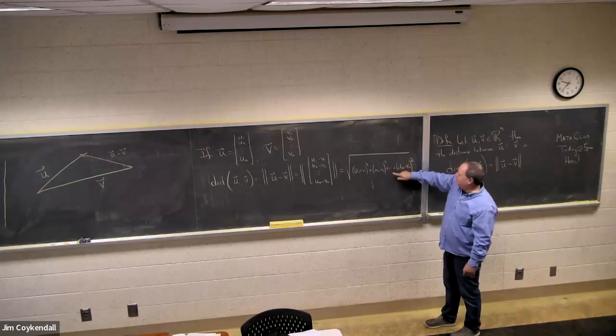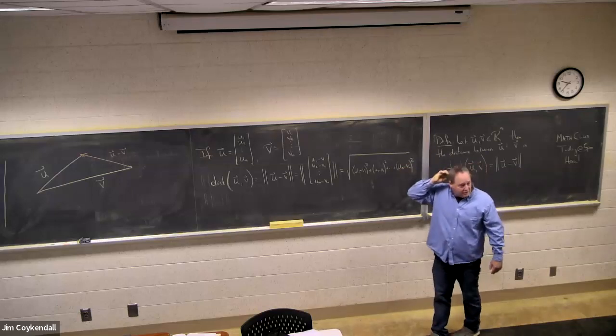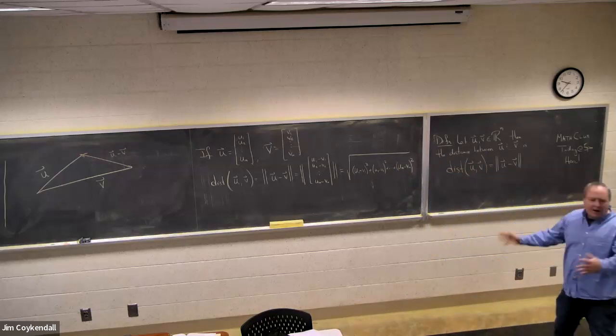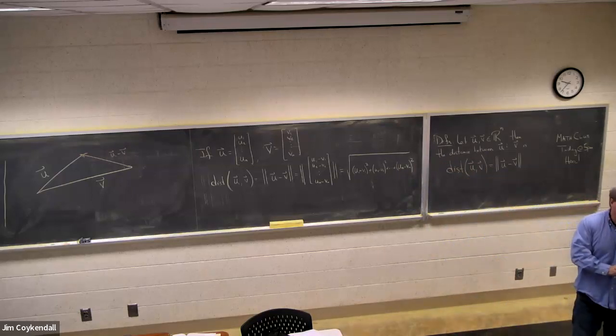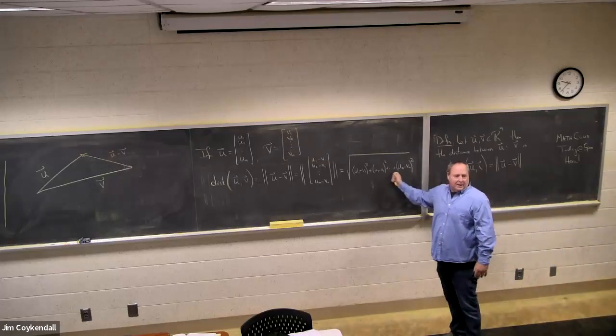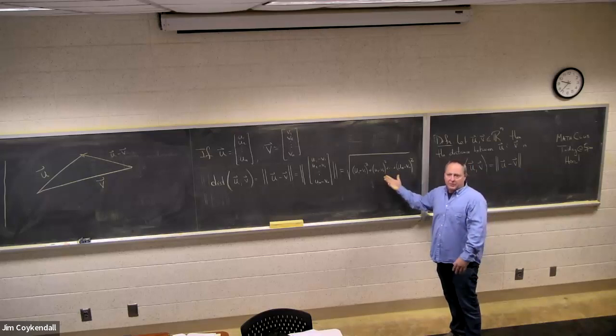Those of you that had Calc 3, if I put a third one there, that would be the distance formula between 2 points in space, right? Everybody okay with that? So this is just the distance formula, but now we can do it in any dimension we want. This is basically Pythagoras' theorem on anabolic steroids.